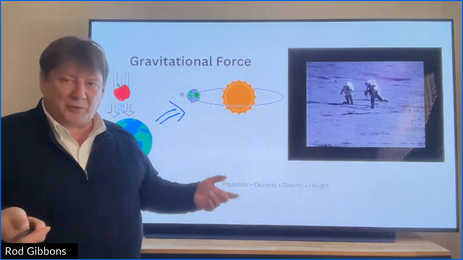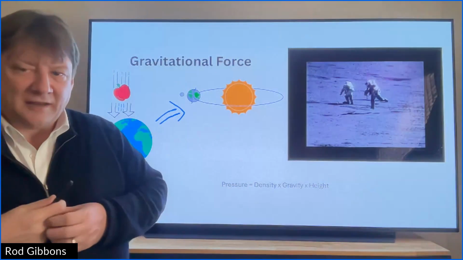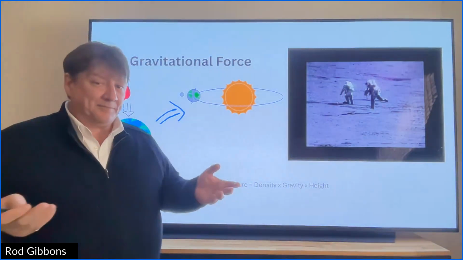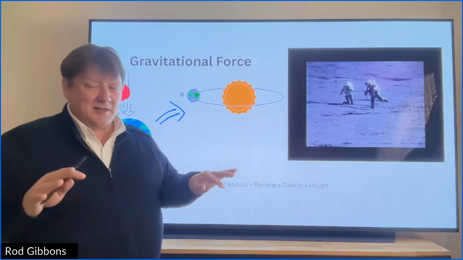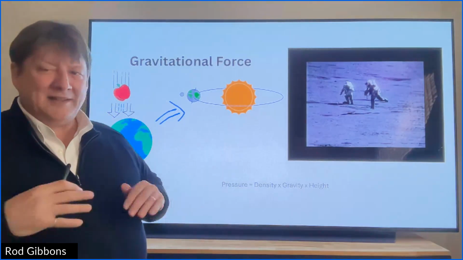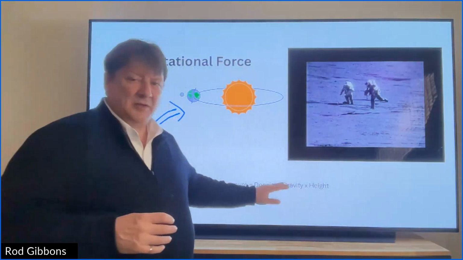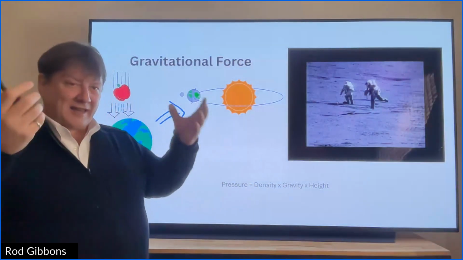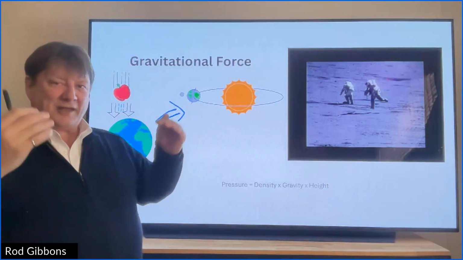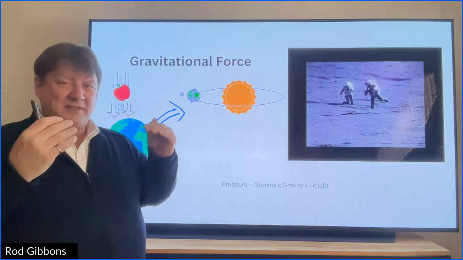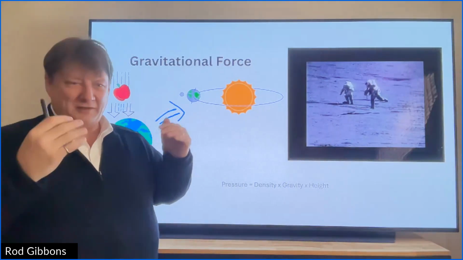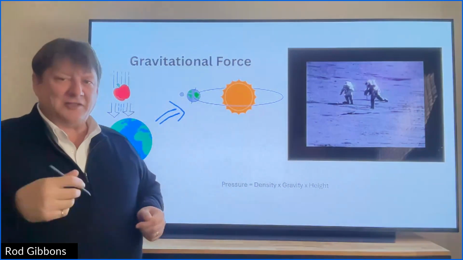It's 9.8 meters per second squared, and it's like that everywhere. There are some small variations, but for the most part, what it's doing is taking that dense fluid and drawing it down towards the center of mass of the Earth.